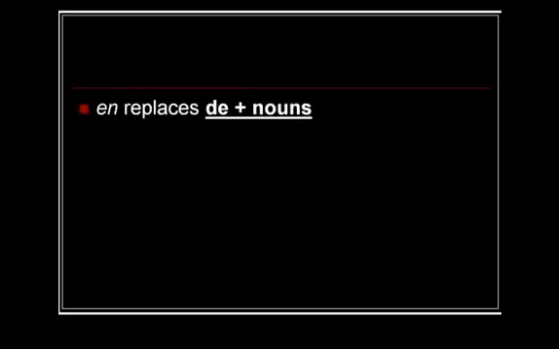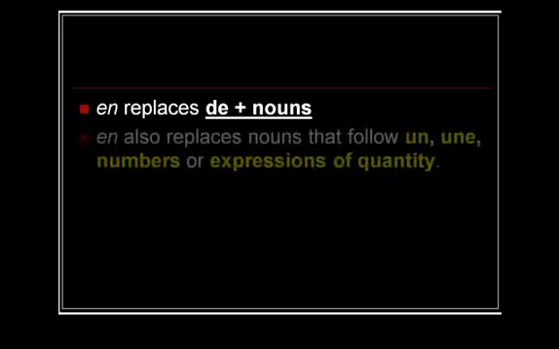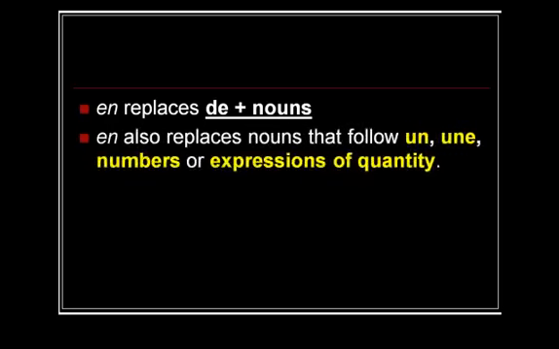En is going to replace the word de, which remember means of, or it could be the partitive article, plus a noun. So it could be du or de and then a noun. En is also going to be used to replace nouns that follow the word un or une, or numbers. If you think about it, un and une are numbers, or expressions of quantity.